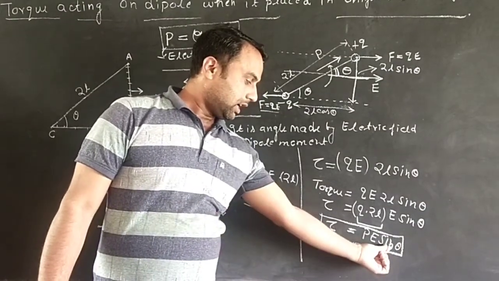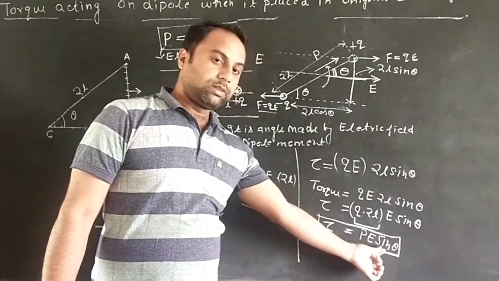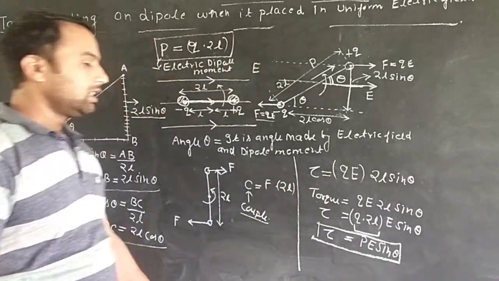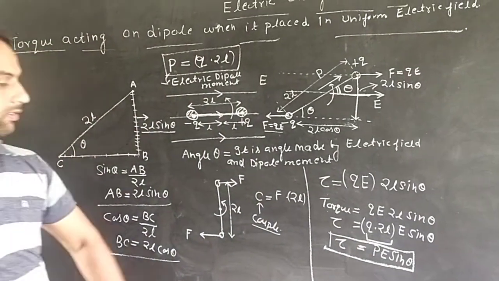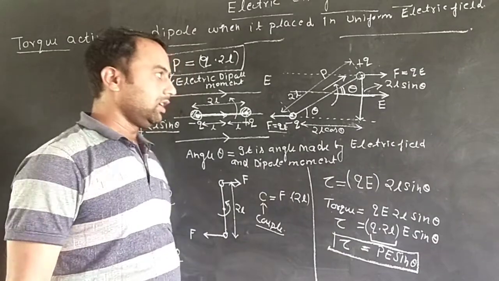Since sin theta is coming here, we can explain that this is the cross product of dipole moment and electric field.